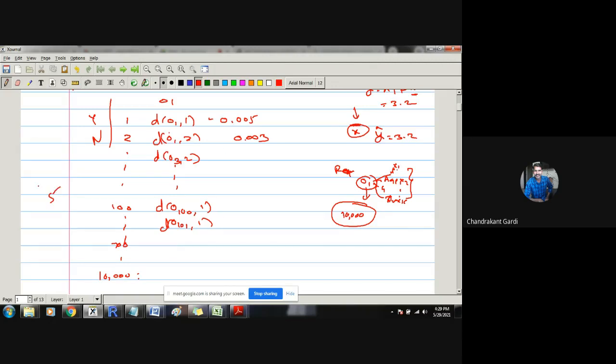For a KNN classifier with k equal to 5, out of these 10,000 distances we identify the 5 least distances in this column, and then the corresponding units are identified. Among those units, we see whether yes or no occurs with majority. Based on that, the decision is taken, and O1 will be classified as either yes or no. Because we need to calculate this many distances, it is going to take time.